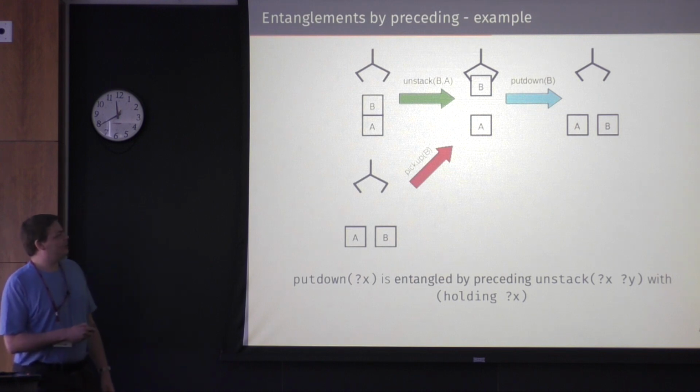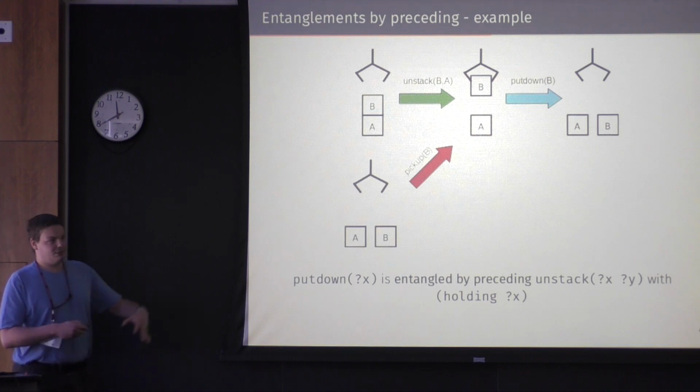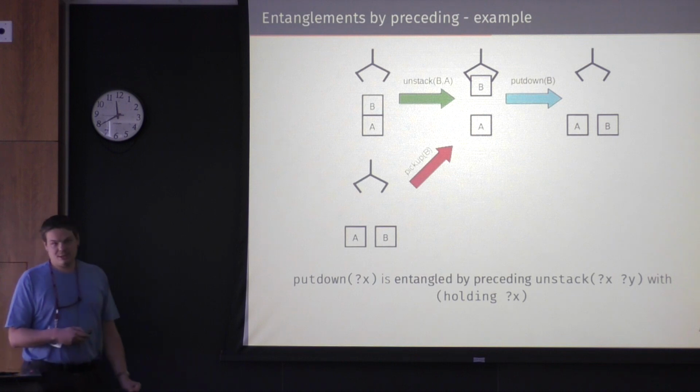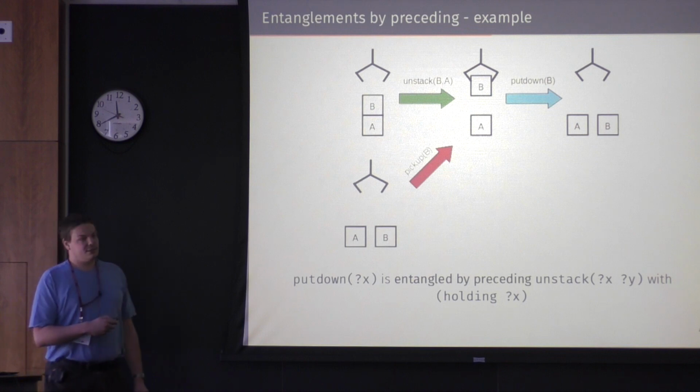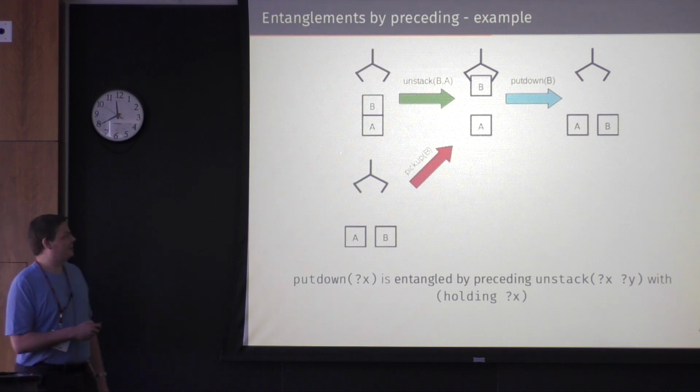So for instance, we might have a predicate holding. It captures the relation that a block is held by a robotic hand, and we have two operators that can achieve this predicate, right? In this case it's unstack and pickup.